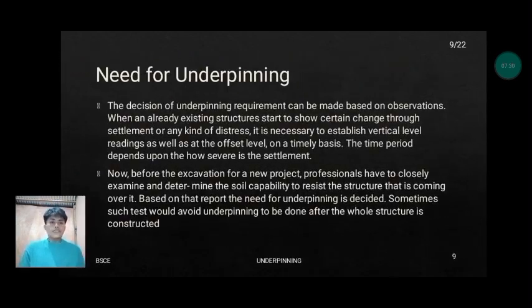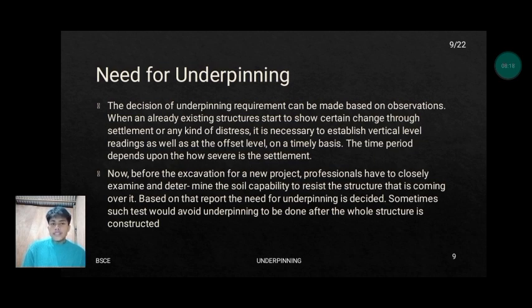So what are the needs for underpinning? The decision on underpinning requirements can be made based on observation. We cannot undergo underpinning if there is no observation, or no go signal from a higher position, so we need to base the decision on observation. When an already existing structure starts to show settlement or any kind of distress, it is necessary to establish vertical level readings as well as offset level readings on a timely basis.